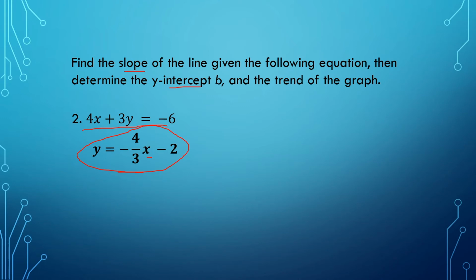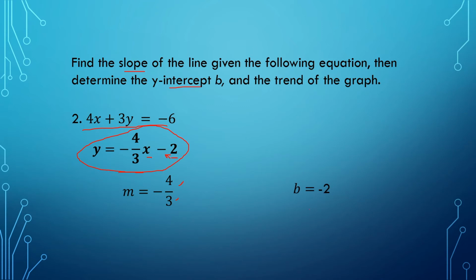Therefore, that is our slope: 4 units of rise over 3 units of run. And our y-intercept is here. This is 2, but this is a minus sign. Whatever the sign is, that is what it follows. Therefore, our y-intercept is negative 2.